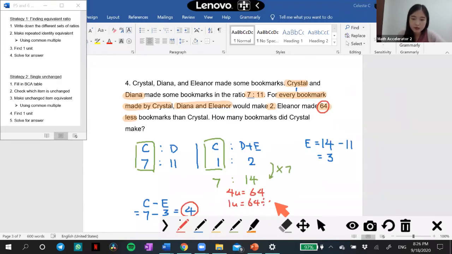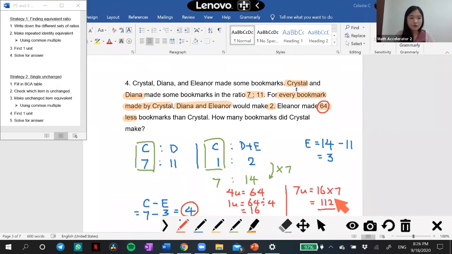Right, divide by 4. Okay, 16, thank you. So how many bookmarks did Crystal make? Right, Crystal has 7 units. So with this 1 unit you found here, you can find 7 units. 112.